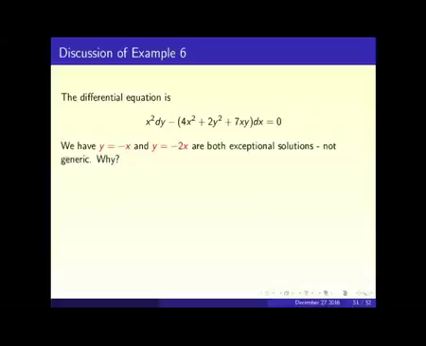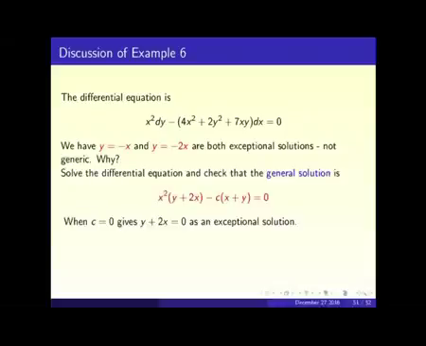They are special solutions, not generic. Why am I saying this? You have to do this as an exercise. Solve the differential equation completely, using of course the y equal to vx substitution.